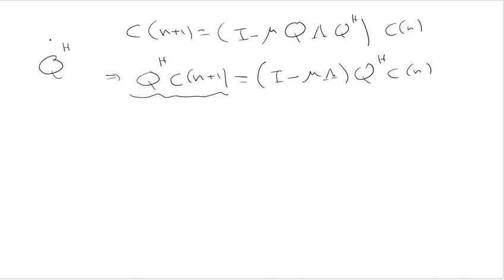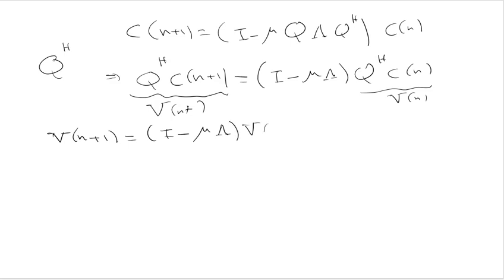I name this Vn. Here Vn plus 1, and here is Vn. And finally we reach this equation, Vn plus 1 equals I minus mu lambda Vn.